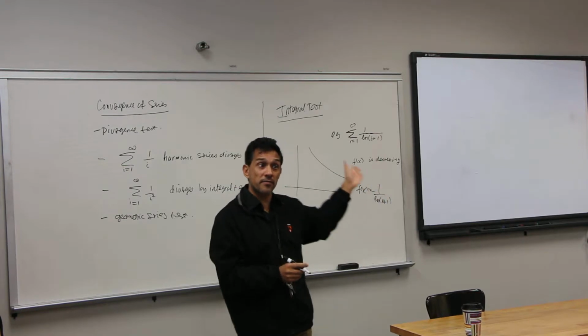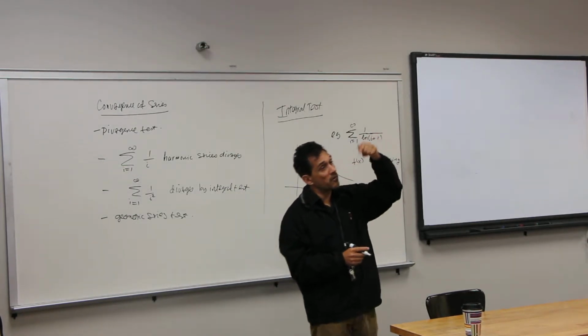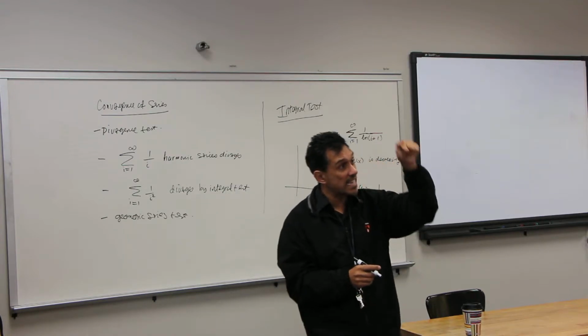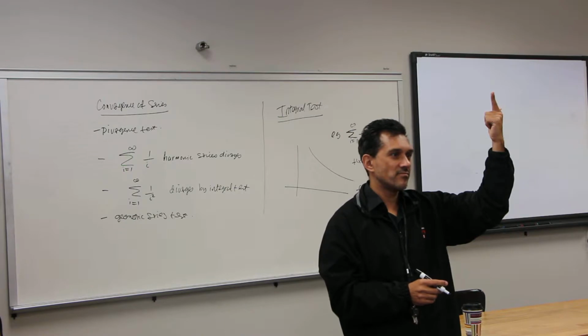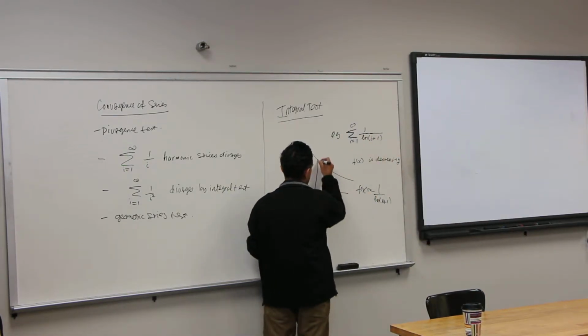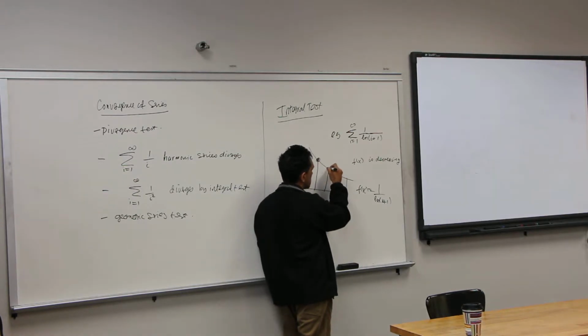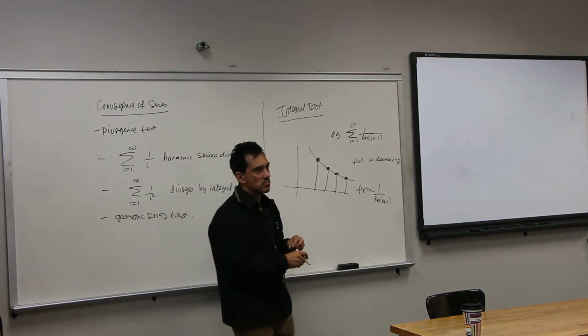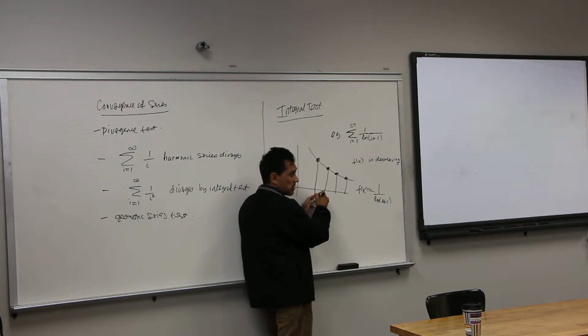Now, so you have a decreasing function that is evaluated at the integers, and when you evaluate this function at the integers, it picks up your sequence. At the integers 1, 2, and so on.